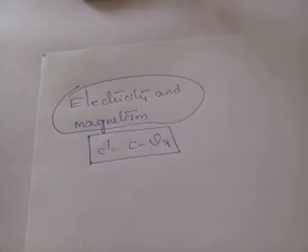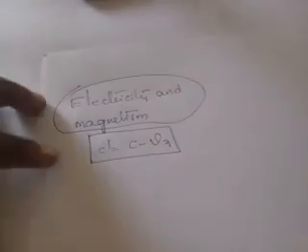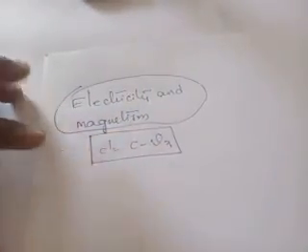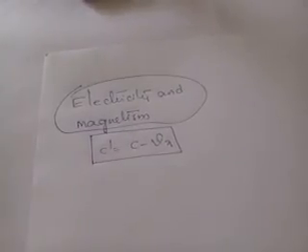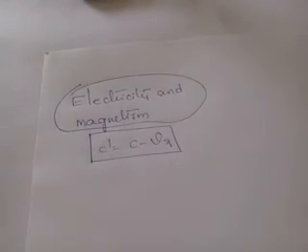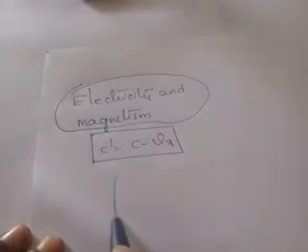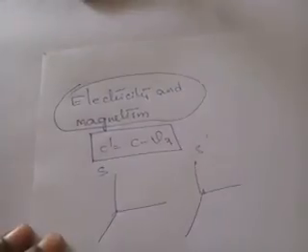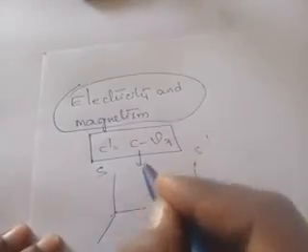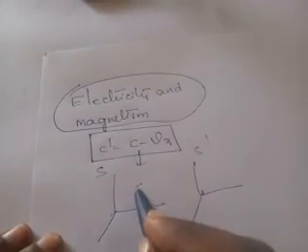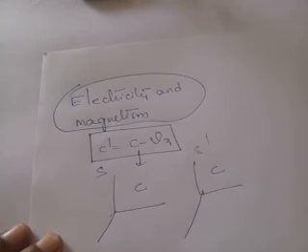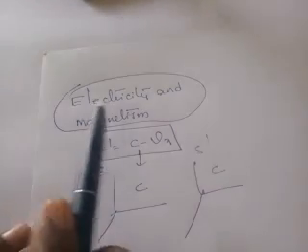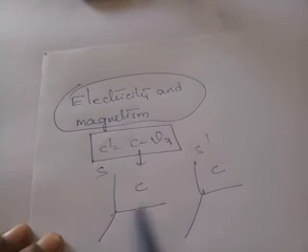So we have to make the fundamental laws of electricity and magnetism invariant, and we have to make the light velocity constant in the two different frames, the S frame and the S dash frame. That means here the velocity of light is the same, and here the velocity of light is the same.